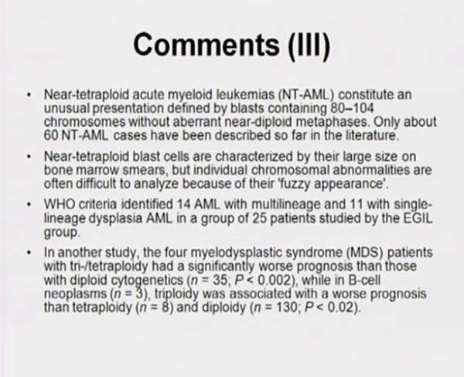Going back to our patient and to near tetraploid acute leukemia, if you go through the literature, this is an unusual presentation, and the definition of near tetraploid leukemia is the presence in the blood cells of a number of more than 100 chromosomes.